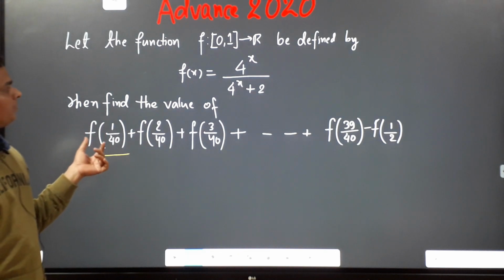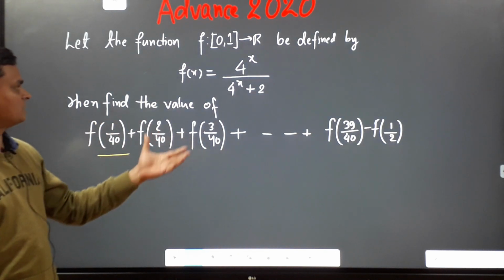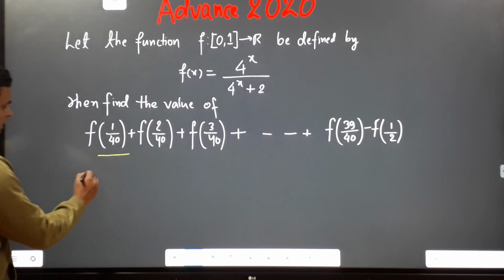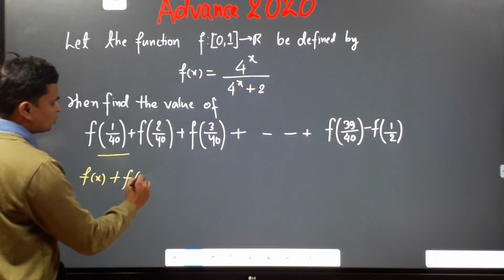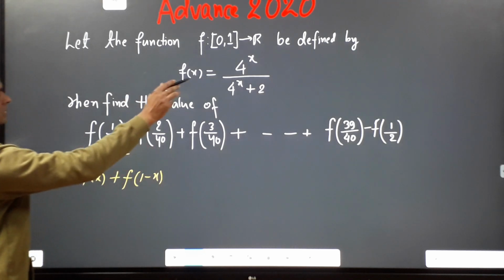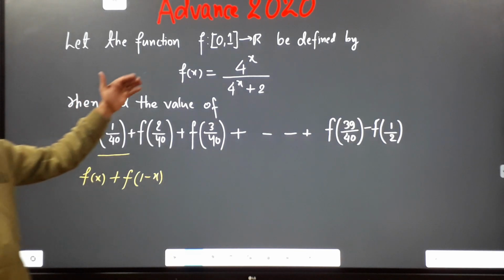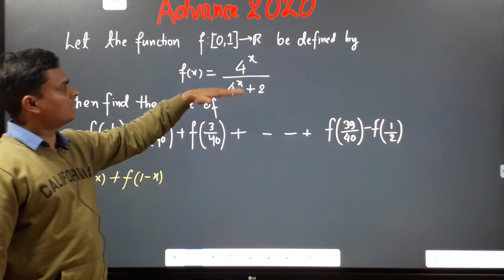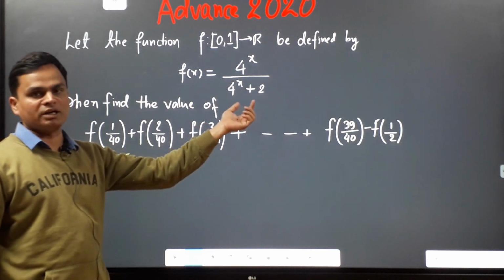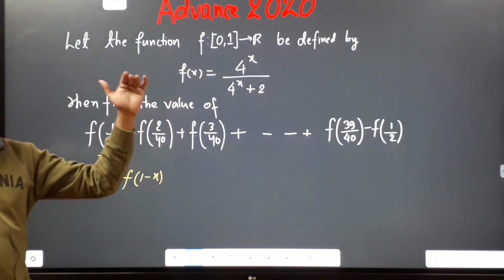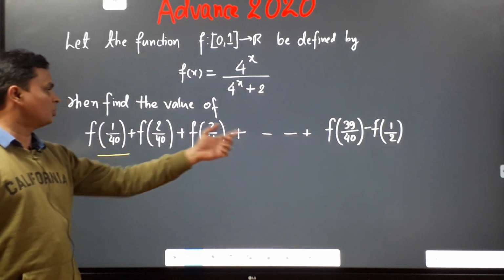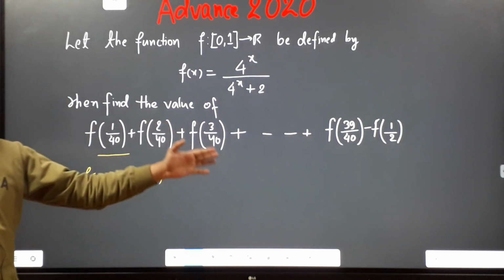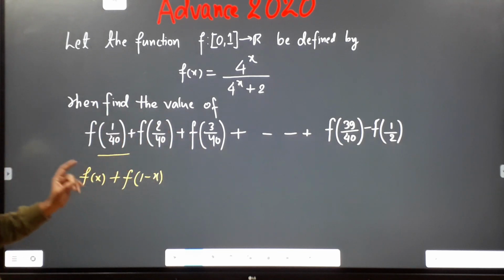So one thing we could extract is that we can use f of x plus f of 1 minus x as a clue to such equations, where expressions like a to the power x upon a to the power x plus k are asked to be evaluated, and the first and last terms sum to 1, the second and second last terms sum to 1.